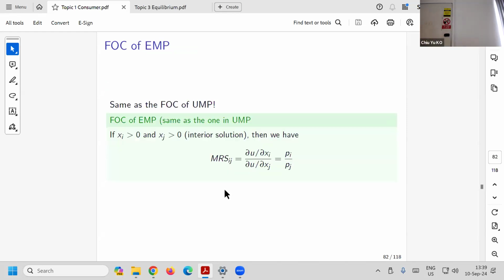And it turns out, which is not surprising, the solution should give the same thing. The marginal rate of substitution should be the same as the price ratio, right? I mean, because this is the same problem, but from a different perspective. You shouldn't expect a different FOC, right?